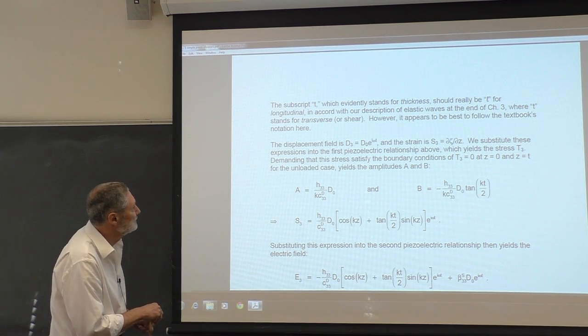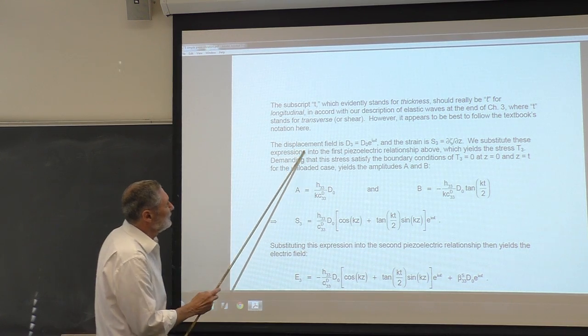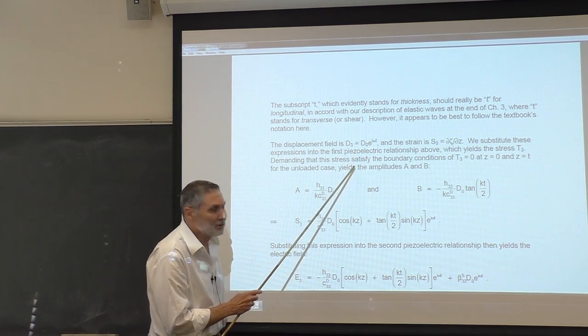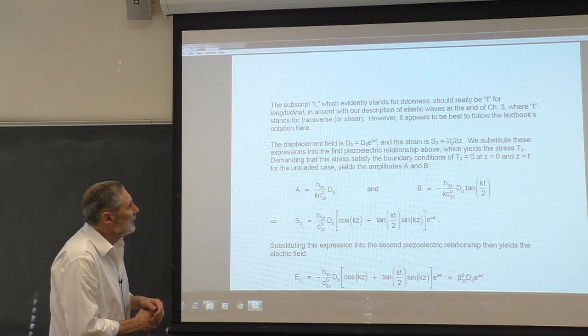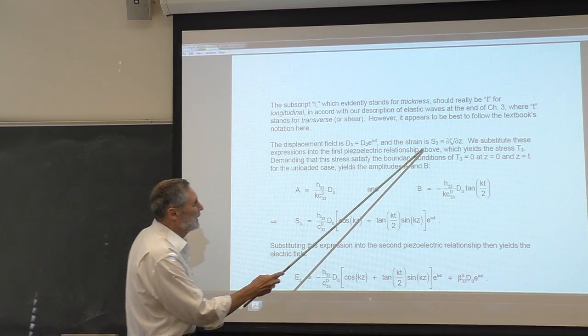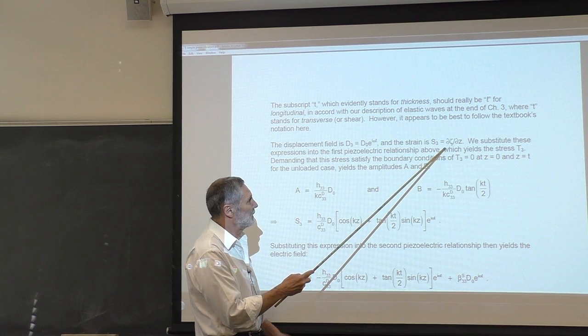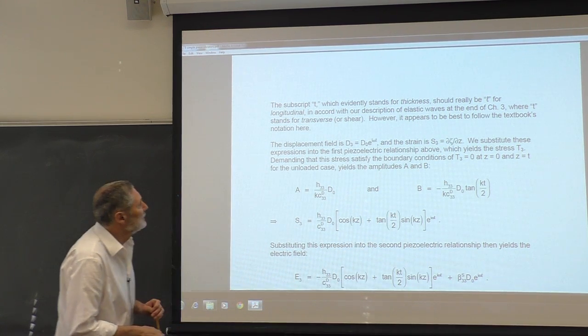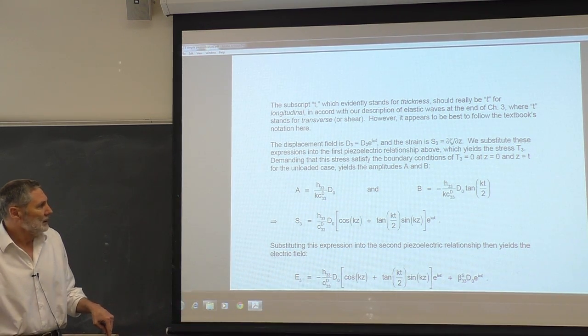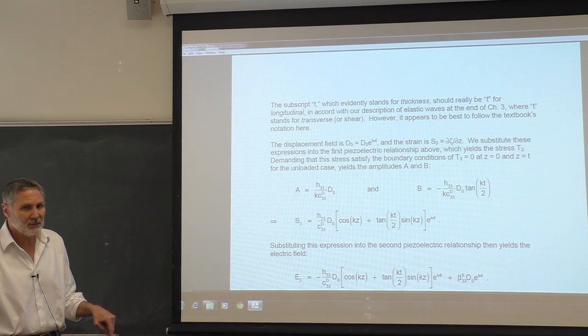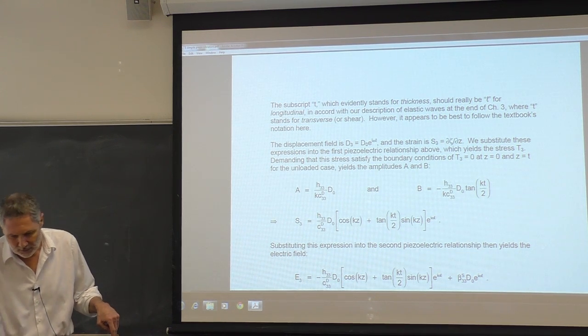Okay, wave speed. So the displacement field is simple. It's going to be uniform. The strain is how the displacement changes with z. That's our definition of strain. This is similar to what we did before with the length expander bar.